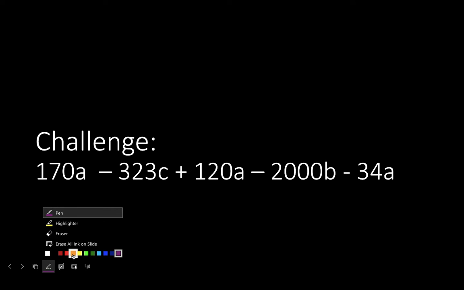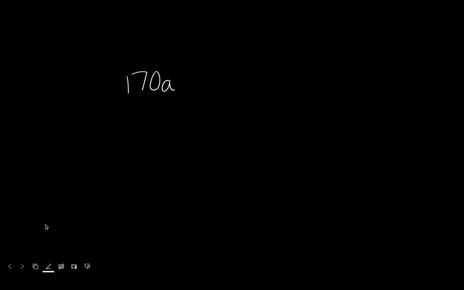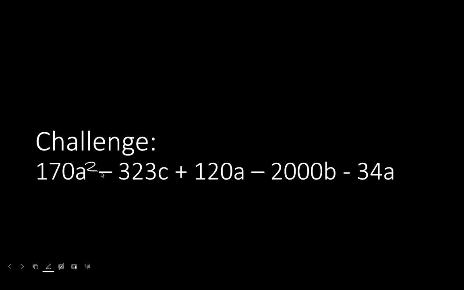Okay, so we got a big challenge problem. 170a minus 323c plus 120a minus 2000b minus 34a. Oh, actually, we're going to make this 170a squared and negative 34a squared.